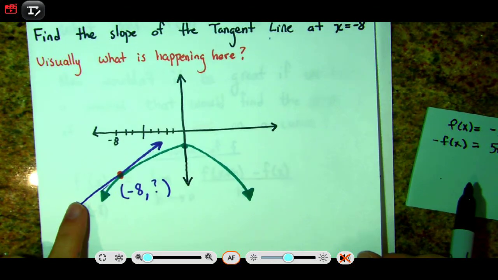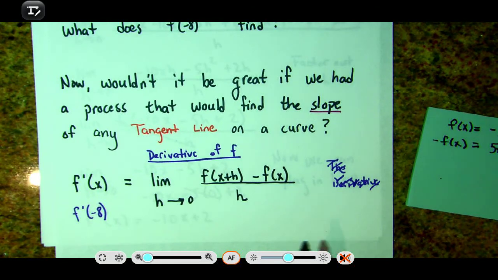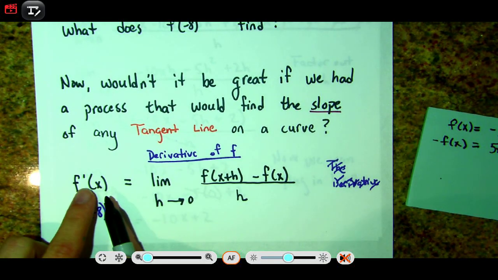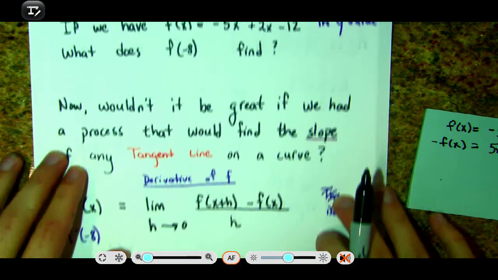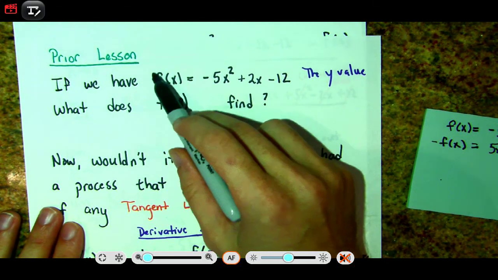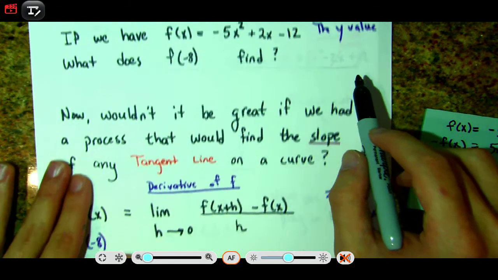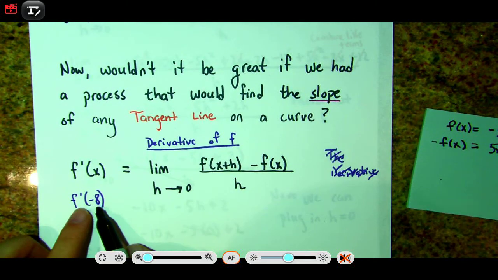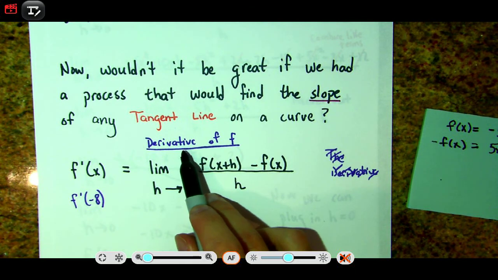What we just did right now was we found the derivative. What the derivative does is, if I plug in negative 8 into the original function, it gives me the y value. If I plug in negative 8 into the derivative, it tells me the slope of this tangent line at negative 8.